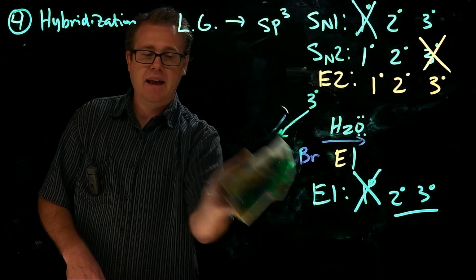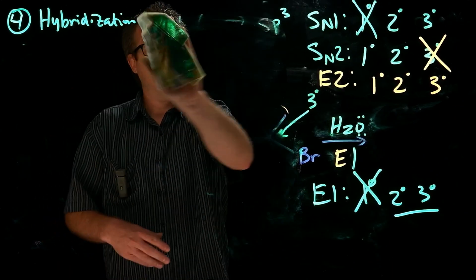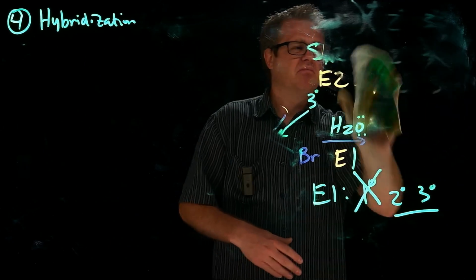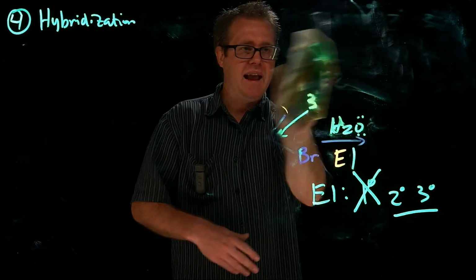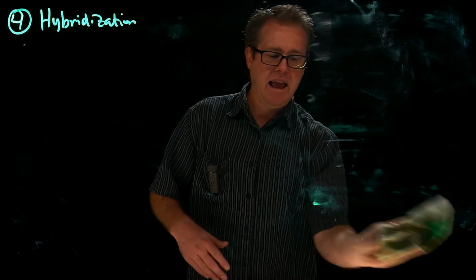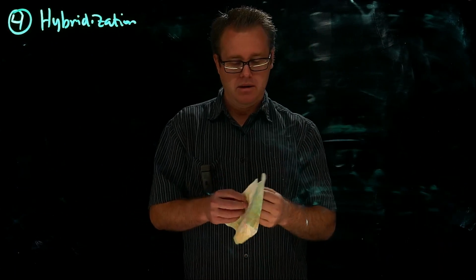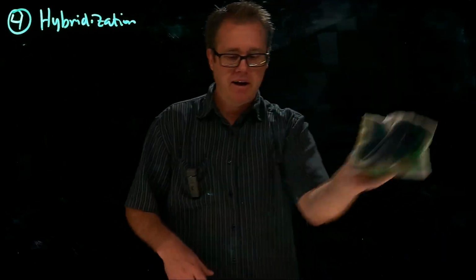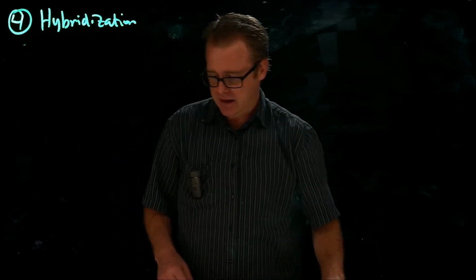But there's some kind of, I don't want to call it really an exception. It's just another layer of understanding. Students at first glance would be like, hey, that doesn't work, when in fact it does. And so I want to show you two examples that are very common here.